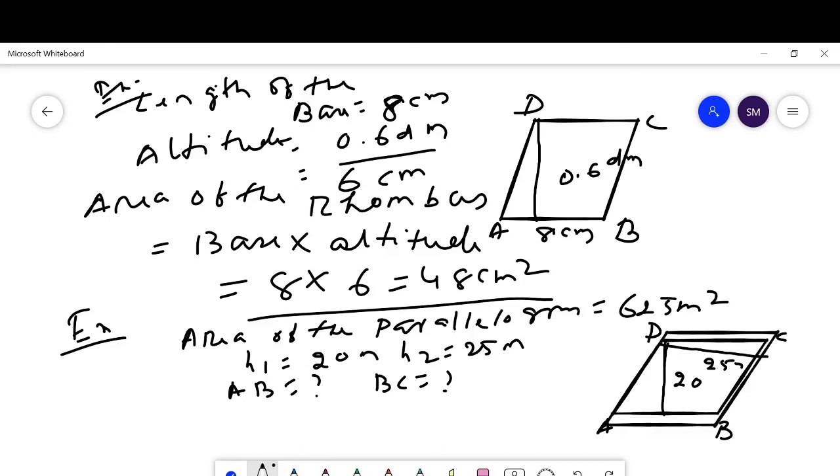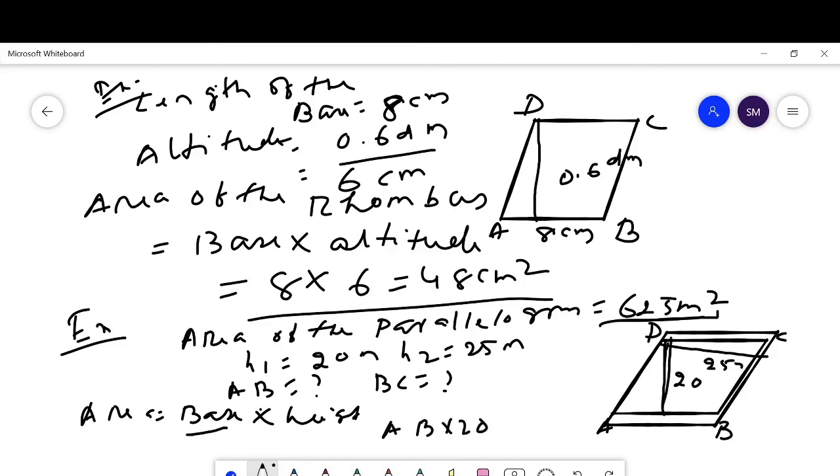Here the area of the parallelogram is given. Area is equal to base into height. Here the area is given as 625, and we don't know the base. So AB into 20 is equal to 625. Hence AB is equal to 625 upon 20.